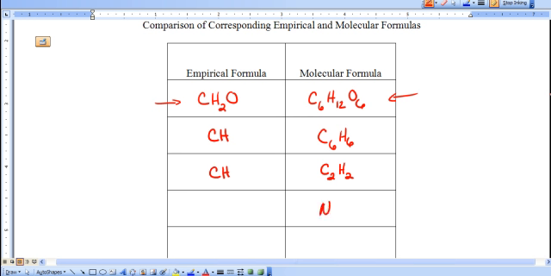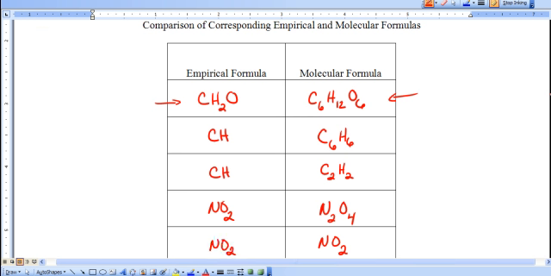Let's give you two more here. We have N2O4. This is dinitrogen tetroxide. And then you have NO2, which is nitrogen dioxide. If you reduce N2O4, the empirical formula is NO2. If you take a look at NO2's molecular formula, you cannot reduce it anymore, so that is the empirical formula.